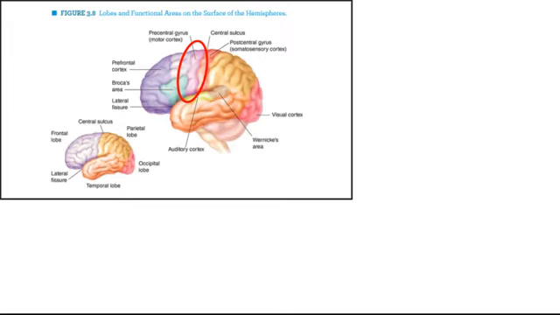So where that central sulcus is, it's the lump right ahead of it, or the gyrus right before it. And so it's going to be involved in voluntary or non-reflexive movement. So that's movement that we are consciously making, not automatically occurring movement.